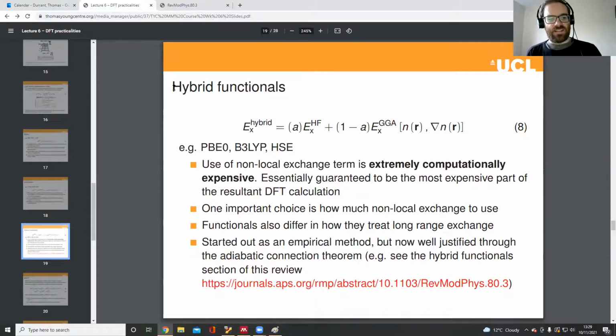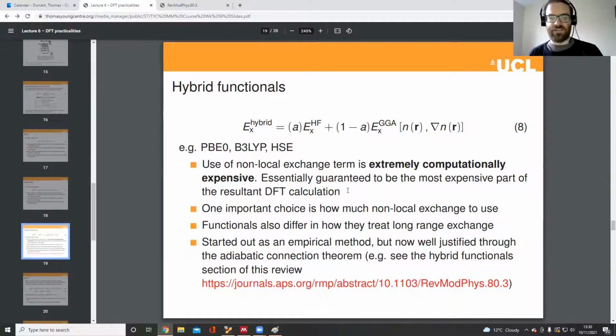This leads us then to hybrid functionals, where we mix in some amount of exact exchange from Hartree-Fock. So popular examples would be PBE0, B3LYP, and HSE, although there are many others. But the important thing to realize is that using a hybrid functional is a lot more expensive than anything else we've been talking about so far today.